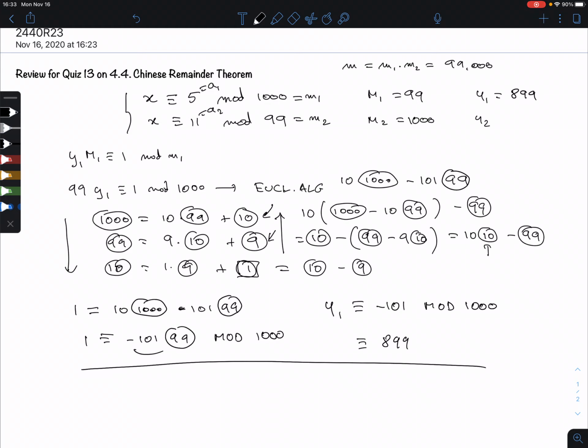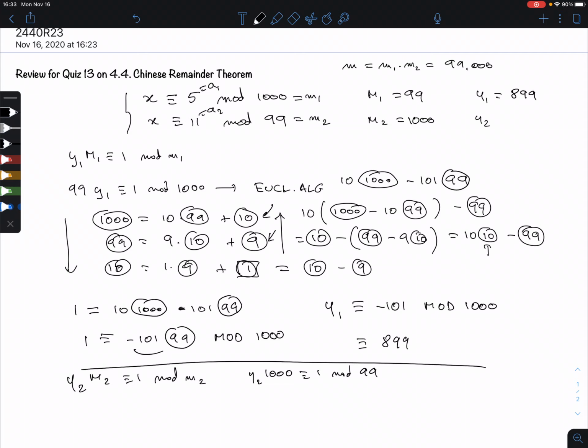Okay. So what about y2? Y2, that's going to be much quicker. It has to be equivalent to 1 mod little m2. So y2, capital M2 is 1,000, so 1,000 times this is equivalent to 1 mod 99. So by the 1,000 mod 99, it's not so hard to see, but let's quickly do it. We can already reduce that number, right?